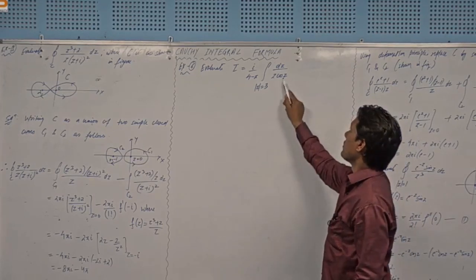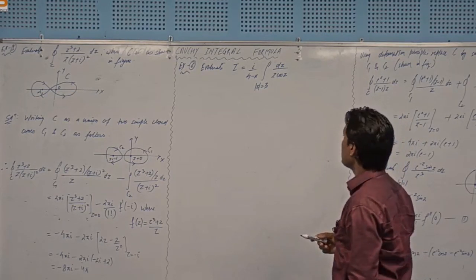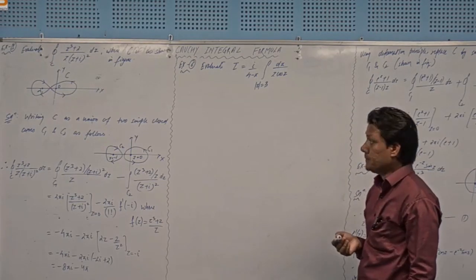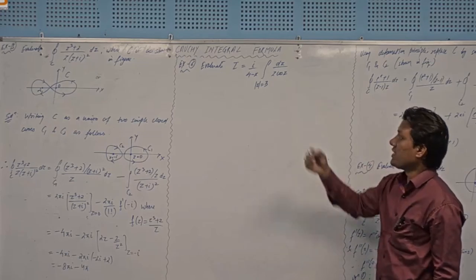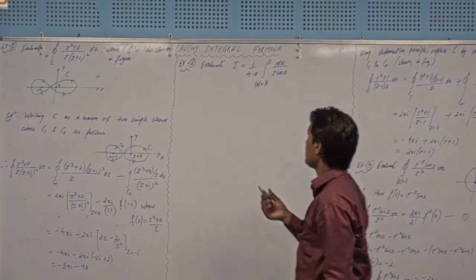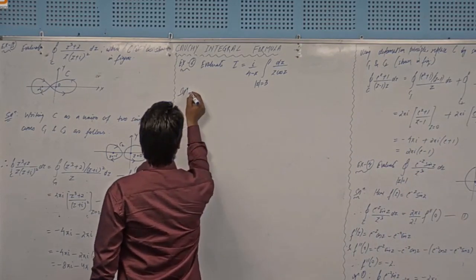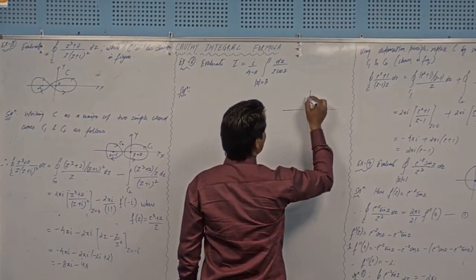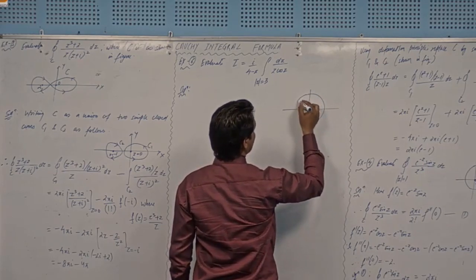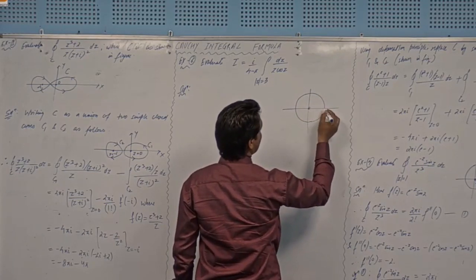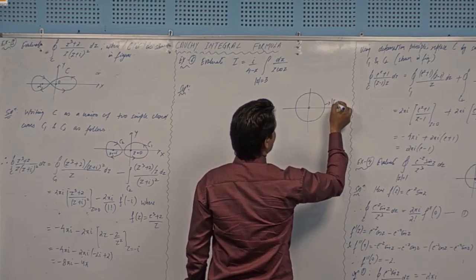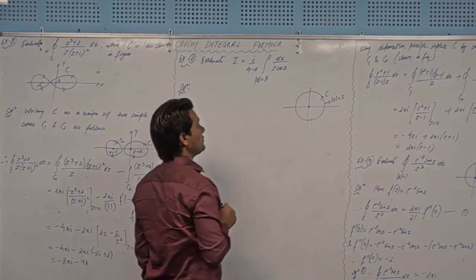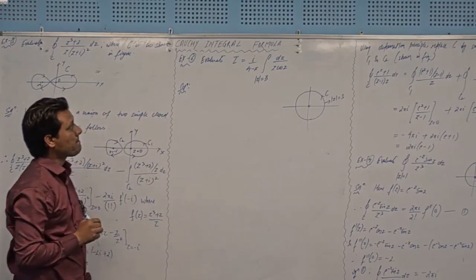You see this cos z is present here, a transcendental function, right? So first we'll draw mod z equal to 3, and then we'll find the singularities of this function. The solution, if you draw the figure, is very simple. Mod z equal to 3 is a circle centered at origin, and the radius is equal to 3. The orientation is taken anti-clockwise, right?